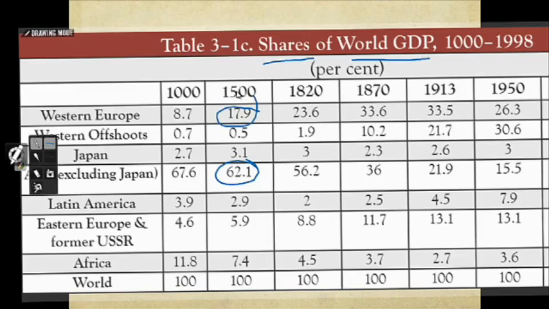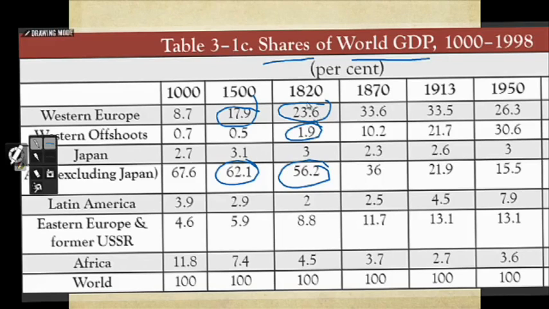Western Europe is producing about 18%. In 1820, Asia is still the main producer of the world's stuff, 56%. Europe up a little to 24%, with Western offshoots, the United States of America, Latin America, a couple percent more.